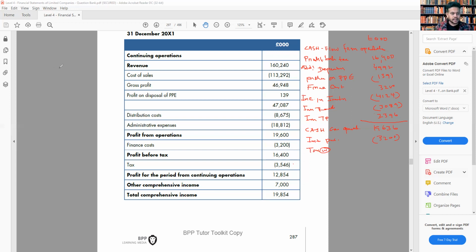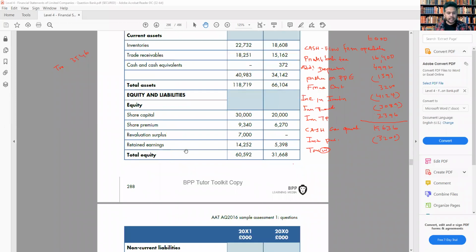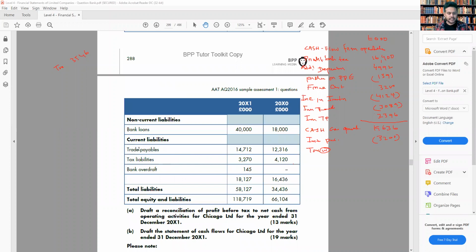The tax 3546, that's for this year. But I need to see is there any tax from last year that I didn't pay. So I can see on my financial statement, in the current liabilities, I have some more tax liabilities. The tax liabilities last year was 4120, and this year still outstanding is 3270.